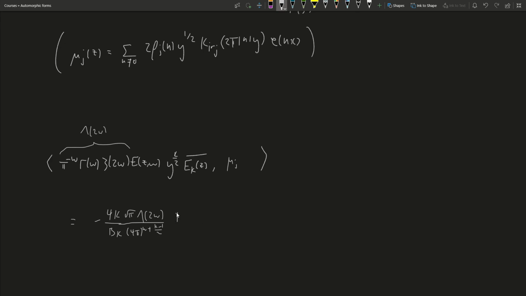And then we have some gamma functions, gamma of w plus k minus 1 over 2 plus i r_j, gamma of w plus k minus 1 over 2 minus i r_j, over gamma of w plus k minus 1 over 2 plus 1/2.